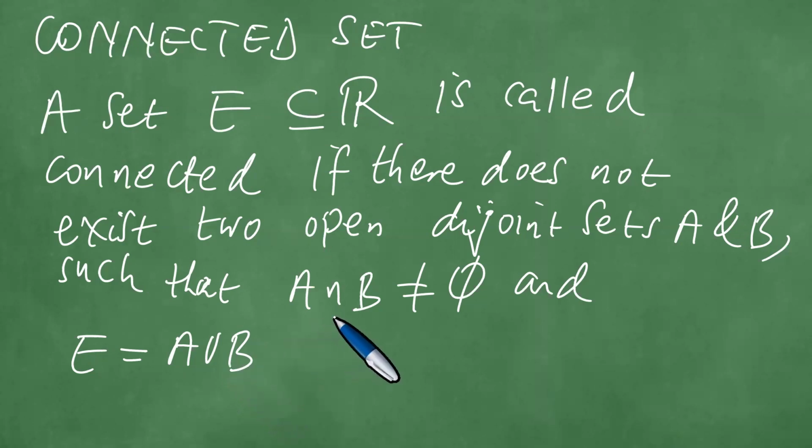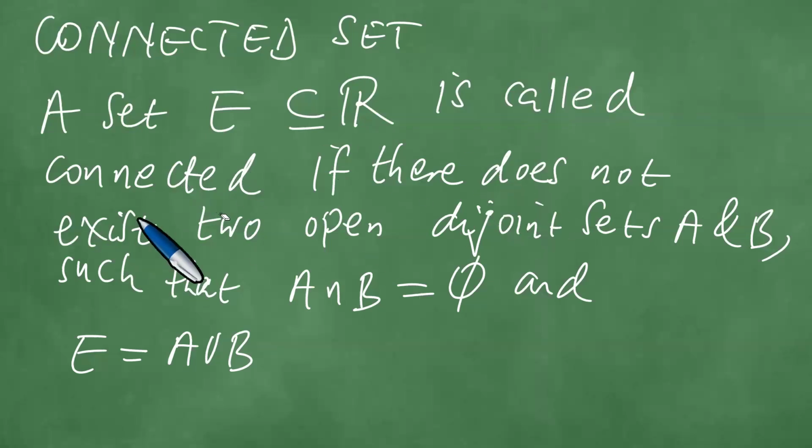In other words, this set is connected if you cannot find two open disjoint sets A and B such that their intersection is empty. Let's make it empty.